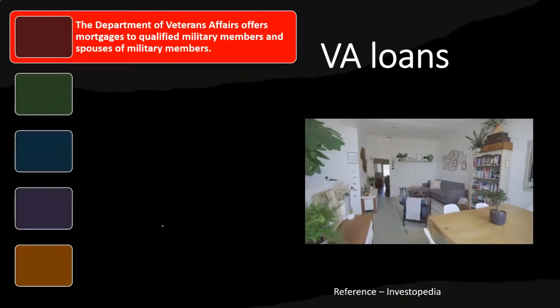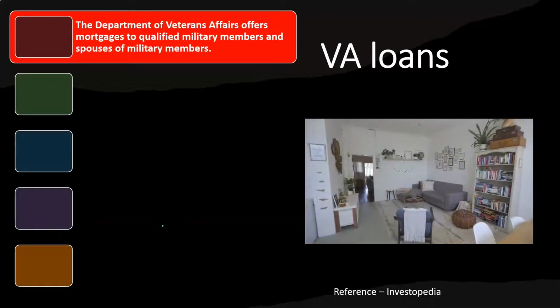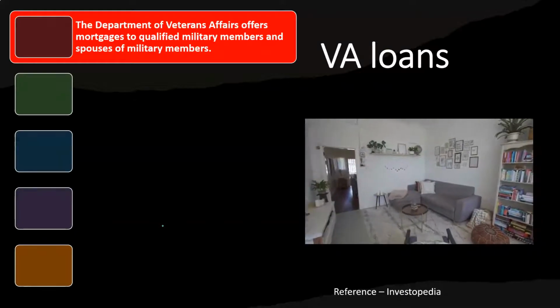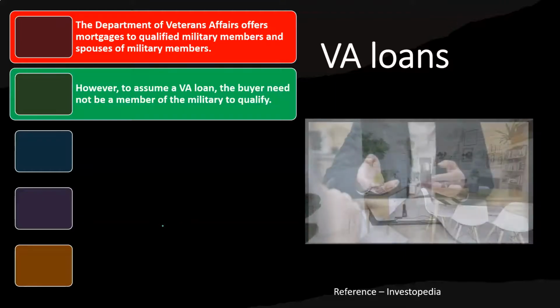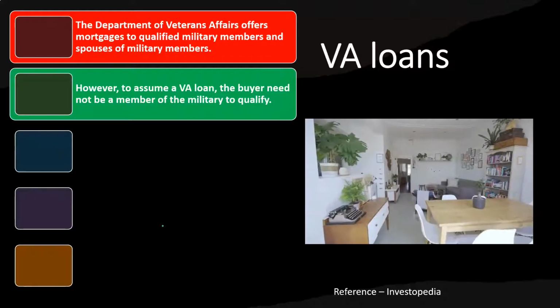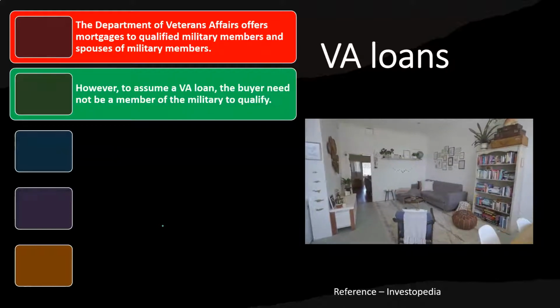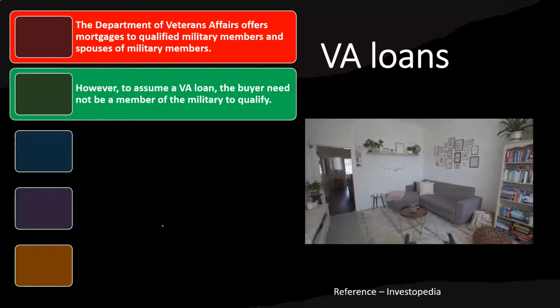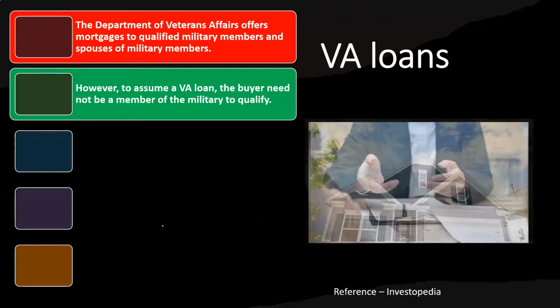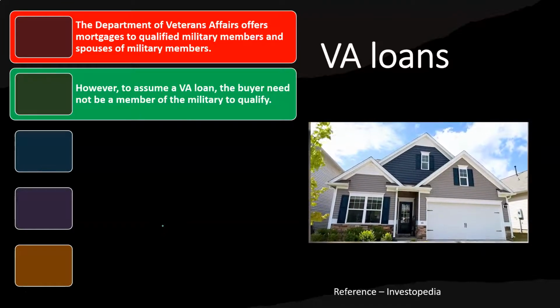So VA loans. The Department of Veterans Affairs offers mortgages to qualifying military members and spouses of military members. However, to assume a VA loan, the buyer need not be a member of the military to qualify. So you could see the situation where you got the VA loan specifically designed for benefits for veterans.